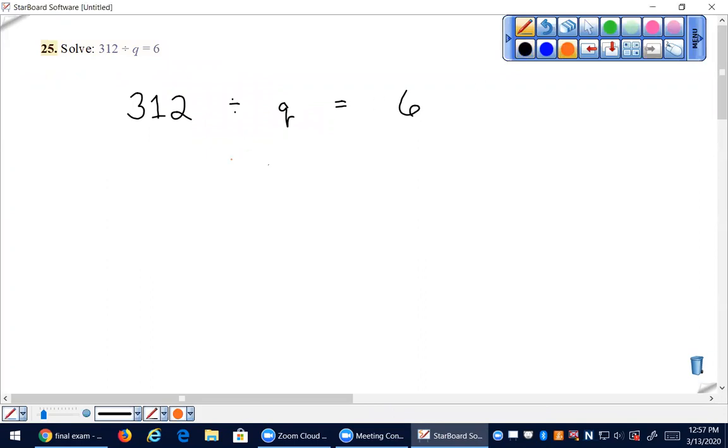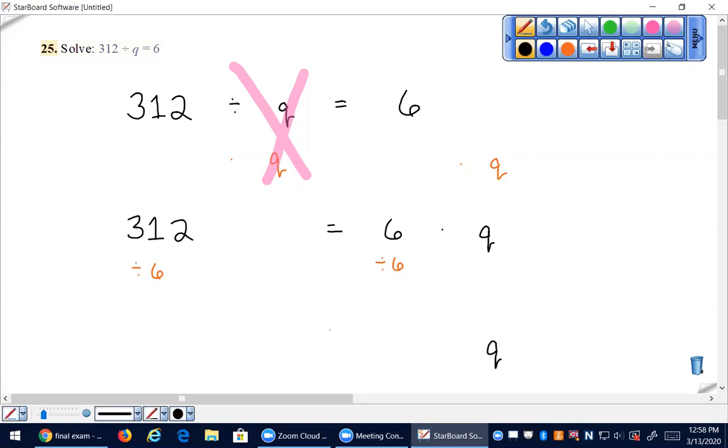Times Q, yeah. So then I get the 312, and these cancel out, and I get 6 times Q. So how do I get Q by itself? Divide by 6, yeah. And then those cancel out, and whatever that is, 52.